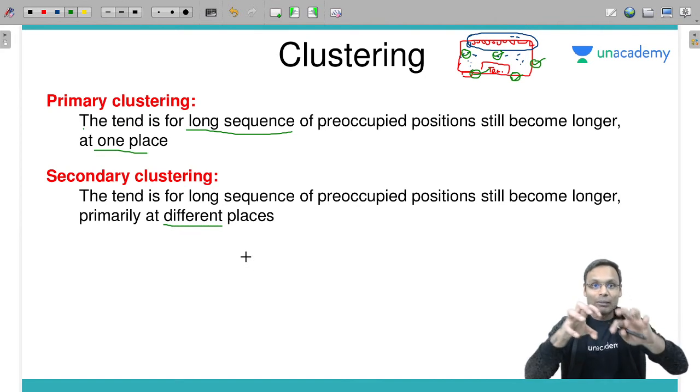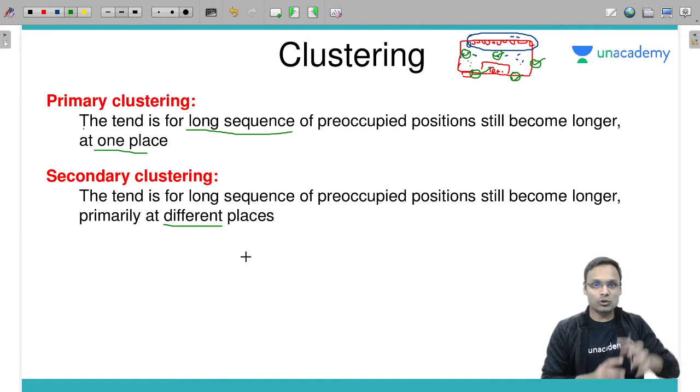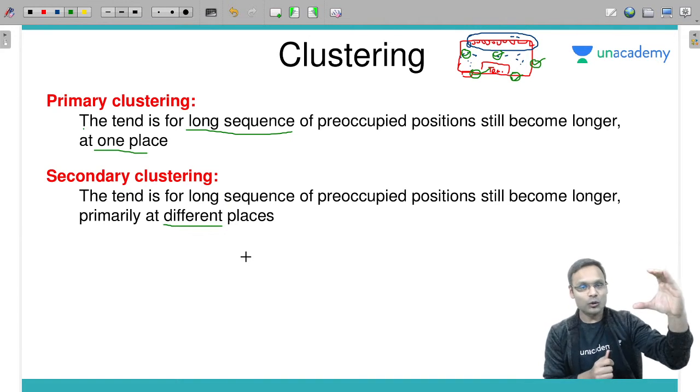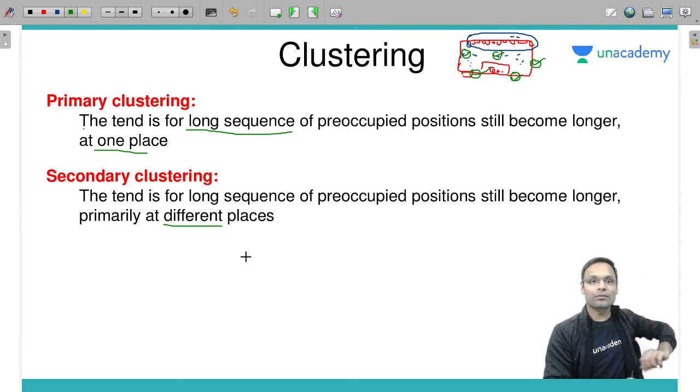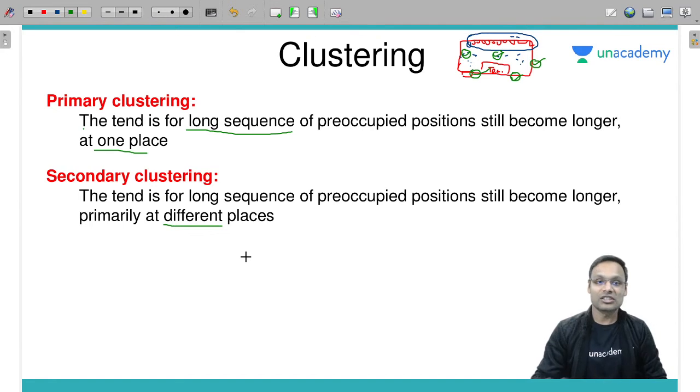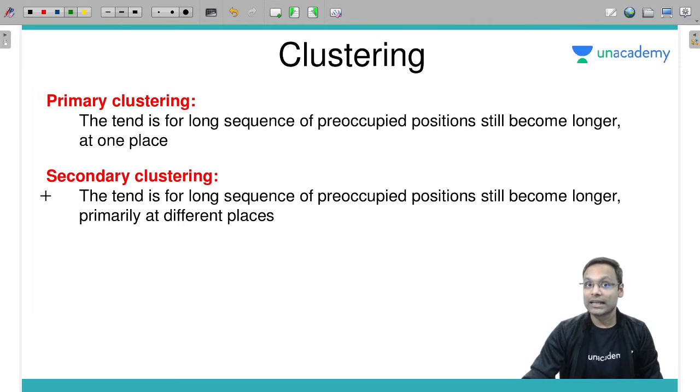So you are having multiple clusters, but still you are having clusters. Some places you are having keys together, remaining place free, then some cluster, then remaining place free, and so on. That is clustering in hash tables. I hope you got it easily what is primary and what is secondary.